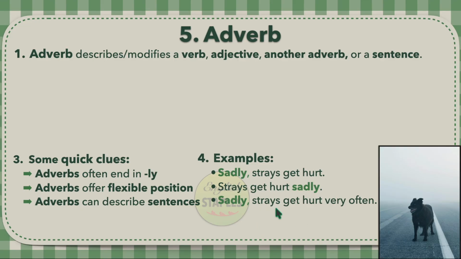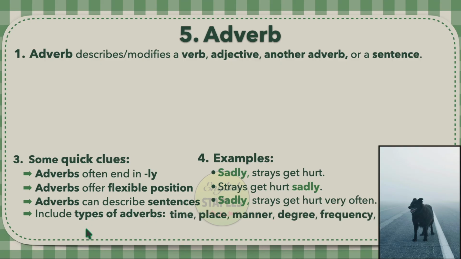It is true that strays get hurt very often. And this is pretty much telling you how the speaker feels. They're sad about the situation, sadly. The clues include types of adverbs: adverb of time, adverb of place, adverb of manner, adverb of degree, adverb of frequency, sentence adverb, and interrogative adverb.